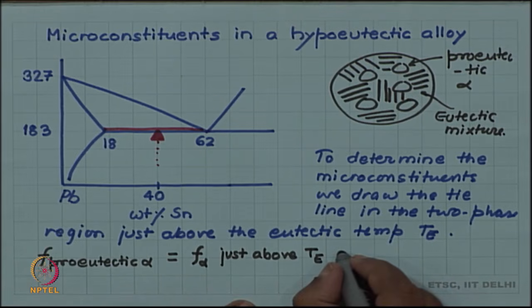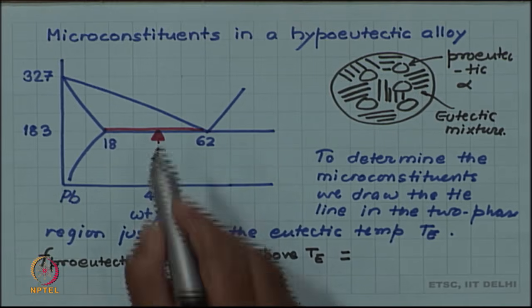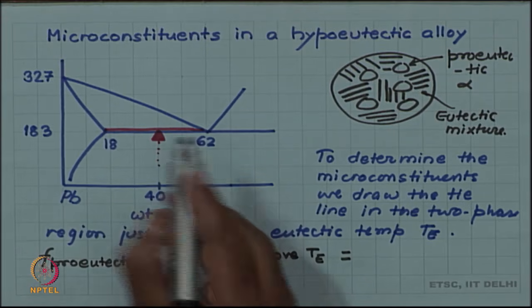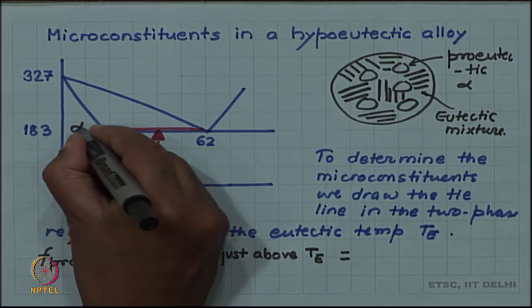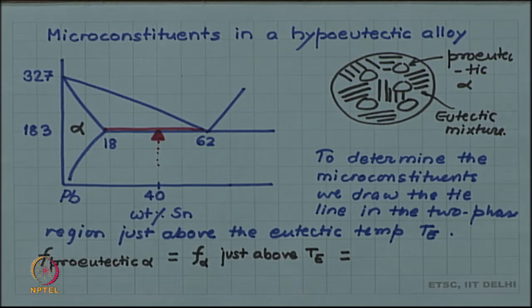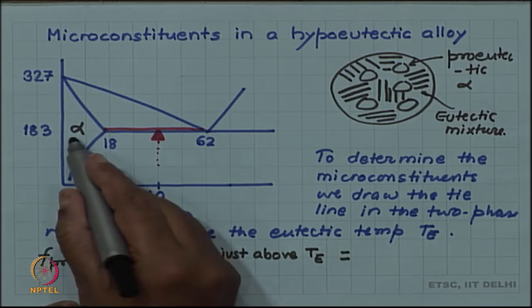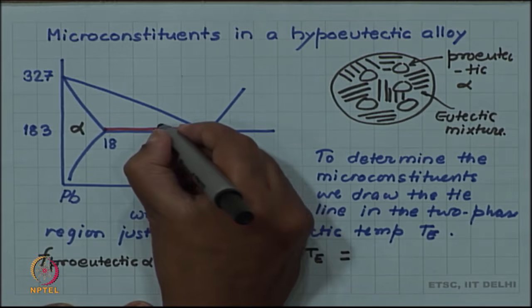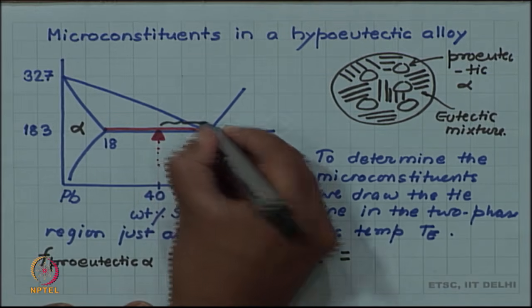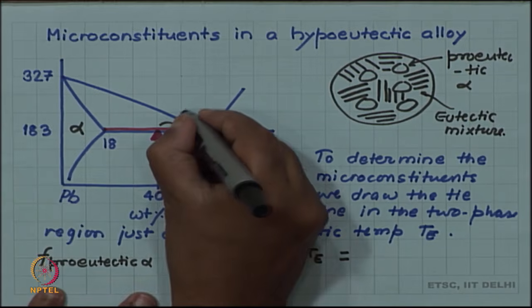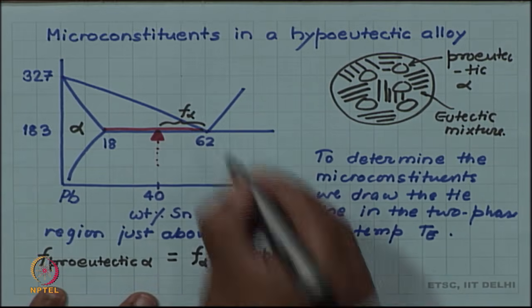So, we have drawn our tie line just above Te. So, this fraction, alpha just above Te, remember this is the alpha phase which is on the left hand side of the lever. So, the right hand arm of the lever will represent the fraction of alpha.